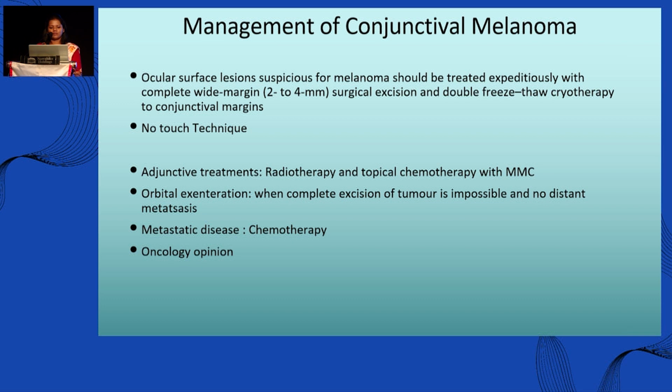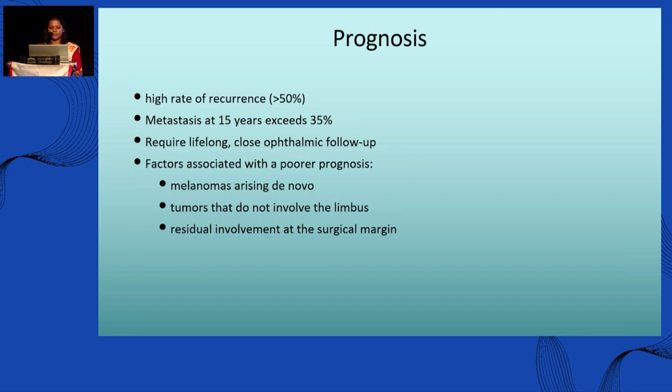Adjunctive treatments such as radiotherapy and topical chemotherapy with MMC can be used. Orbital exenteration is performed when a complete excision of the tumor is not possible, providing there is no distant metastasis. If distant metastasis is present, the patient has to undergo chemotherapy, and all these lesions should be managed liaising with the oncologist.